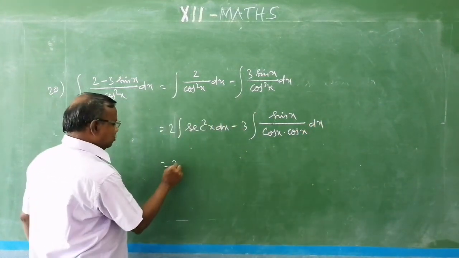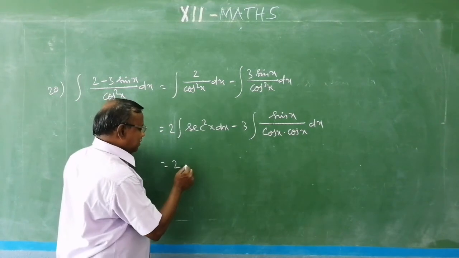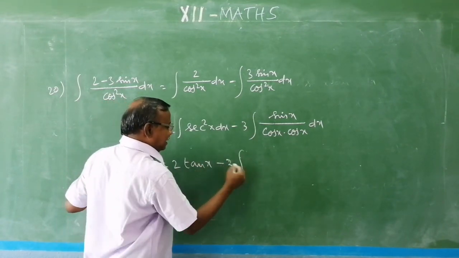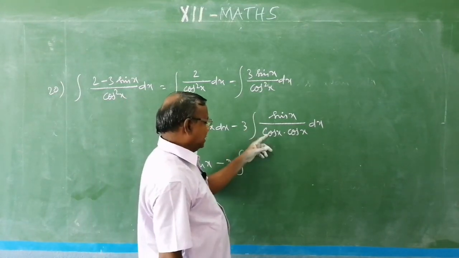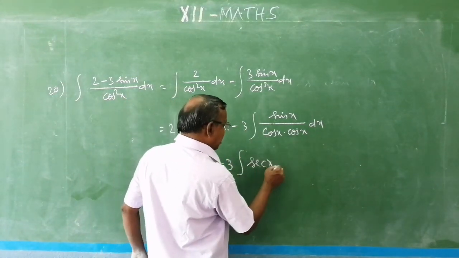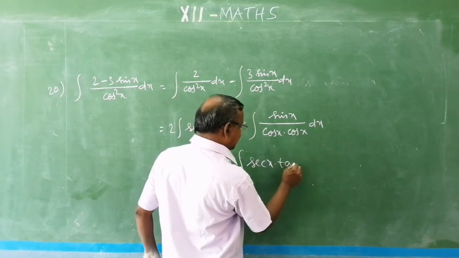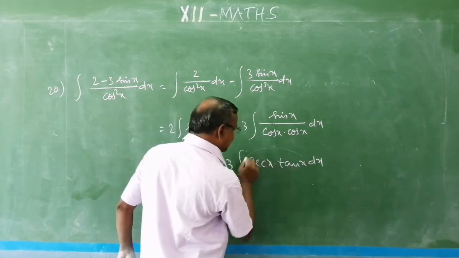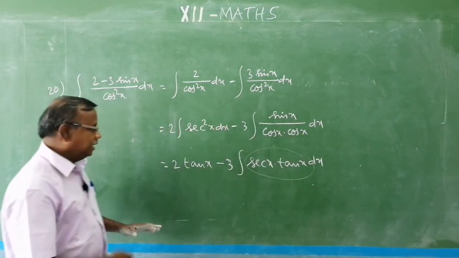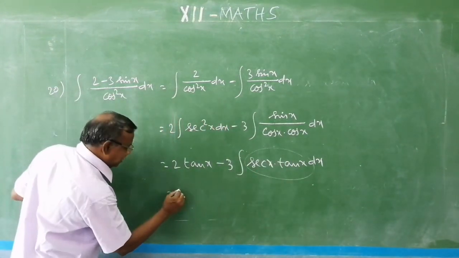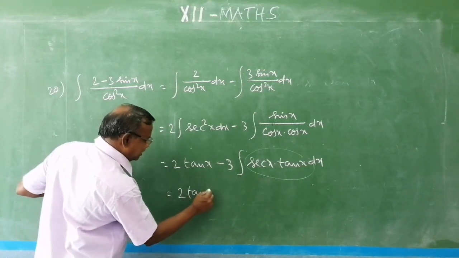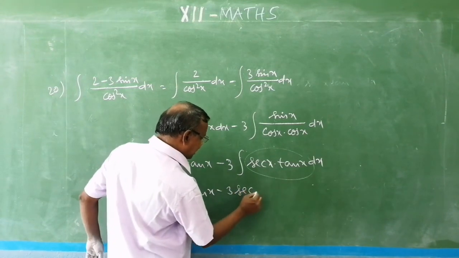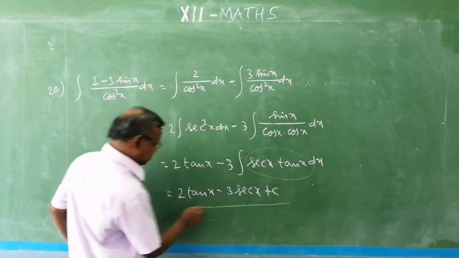That is 2 into integral secant square x, and minus 3 into integral, since 1 by cos x is secant x and sin x by cos x is tan x, into dx. So we have a formula for this. Likewise we have to rearrange the trigonometric function. So it is nothing but 2 into tan x minus 3 into integrating secant x tan x, which gives only secant x, plus c. So this is the final answer.